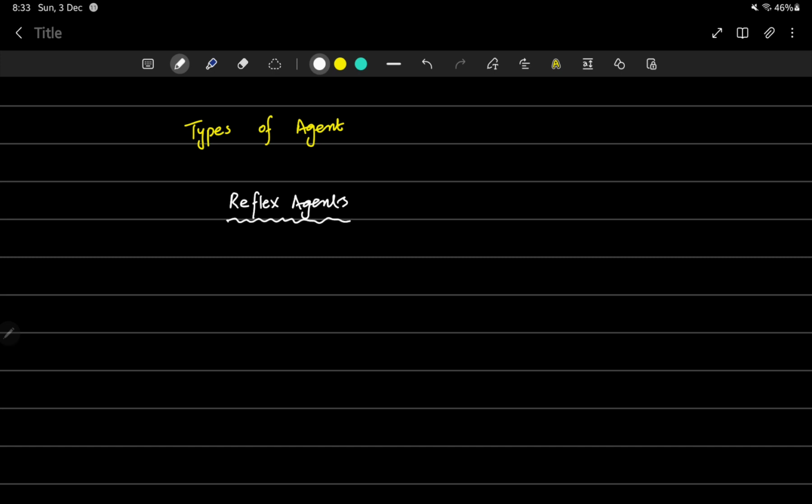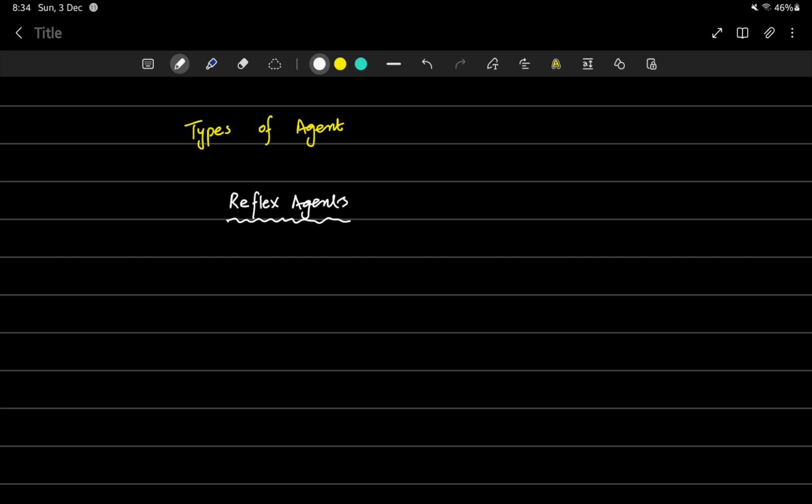Now, let's talk about the characteristics of a reflex agent. Reflex agents are simple. They are rule-based agents that make decisions based upon their current perception or input, without considering the history of their past perceptions.